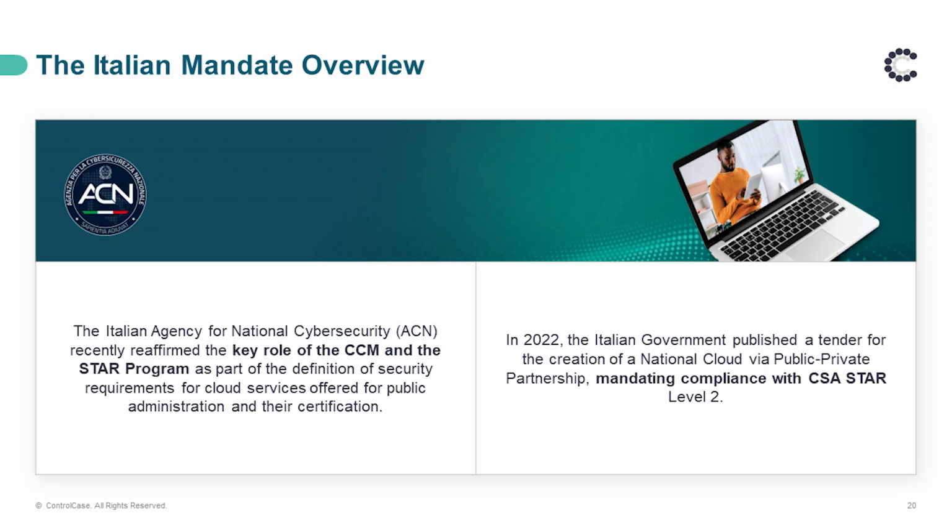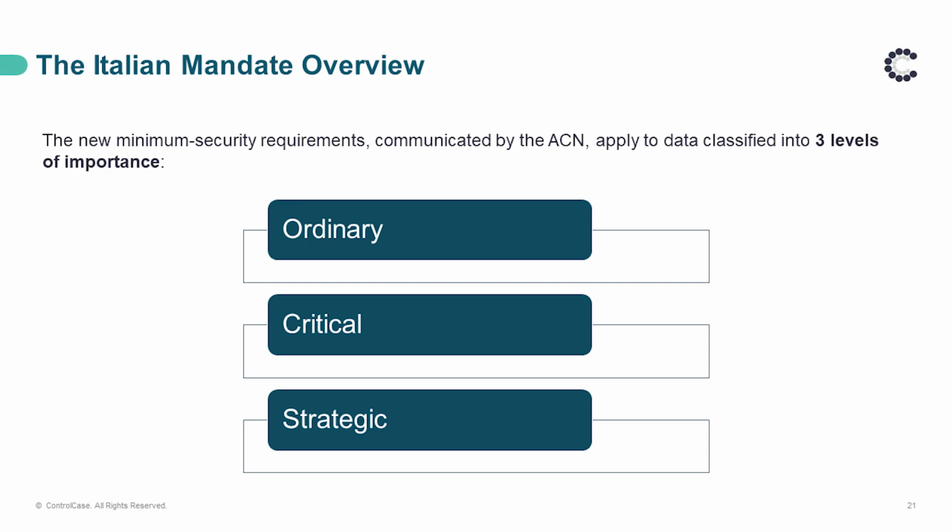Now, the accreditation structure has 4 levels of compliance, if you like. There are 3 levels of data classification: ordinary, critical, and strategic. This classification is basically equal across the board in all the European Union.